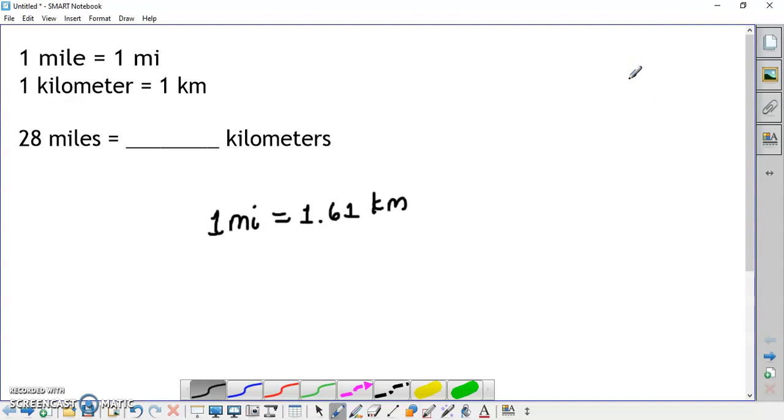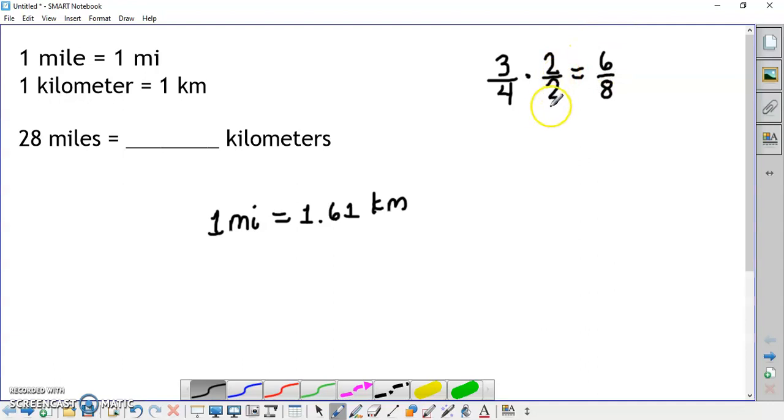A conversion factor is based on the concept of fractions. For example, let's look at the fraction 3/4. If I multiplied by 2/2, which is really the number 1, I get 6/8.